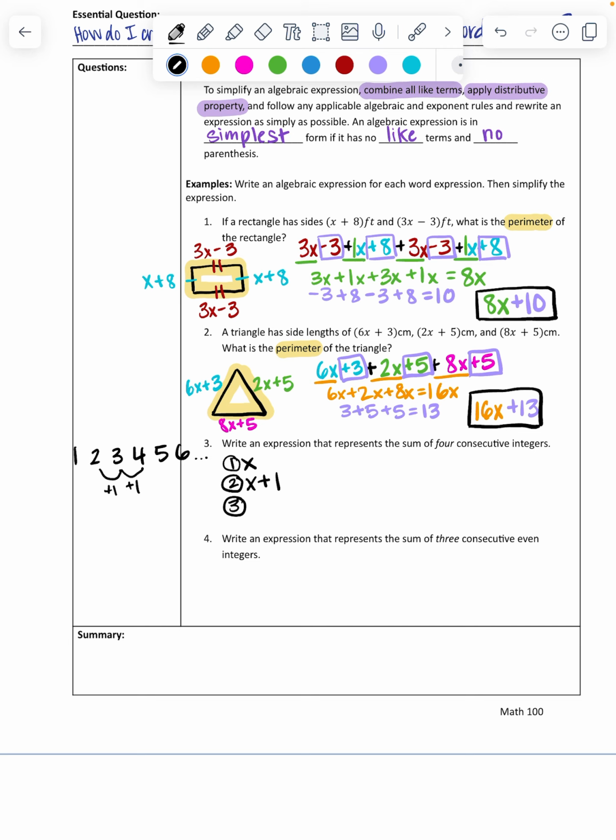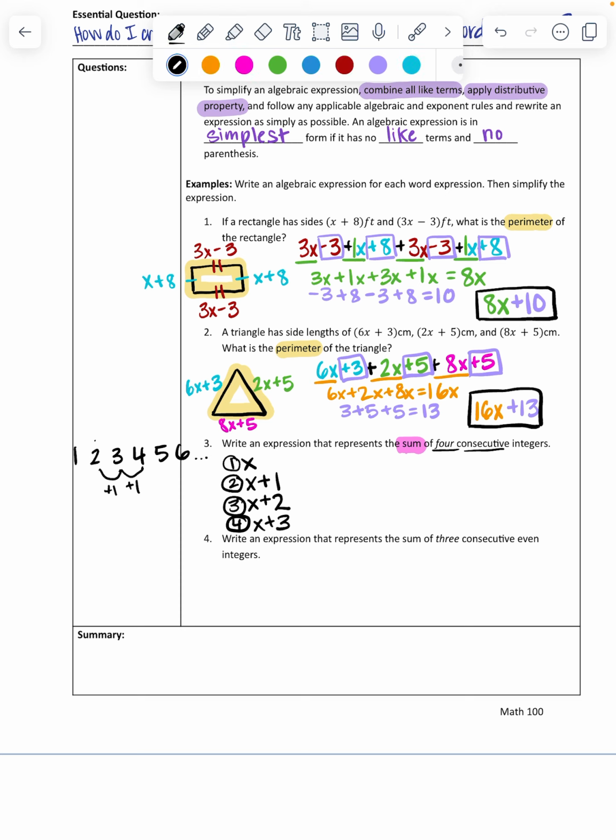My third consecutive integer would be, if I start with 2, I would have to add 2 to get to 4. And this one's 4 consecutive, so I'm going to get a fourth one, and this, of course, would be x plus 3. So now, if I want to get the sum of 4 consecutive integers, I need to add all of these together.